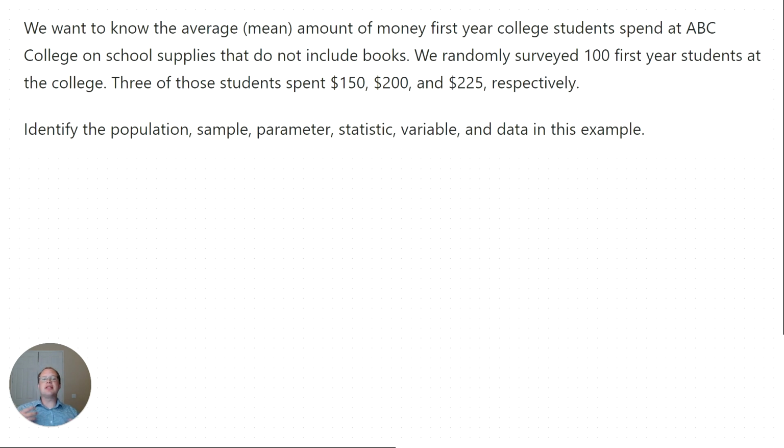Identify the population, sample, parameter, statistic, variable, and data in this example. So we're just identifying the key terms in use in this example. Okay, so let's start with the population. Population is the main thing we're studying. If we read, we want to know the average amount of money first-year college students spend at ABC College. So we are interested in all first-year college students.